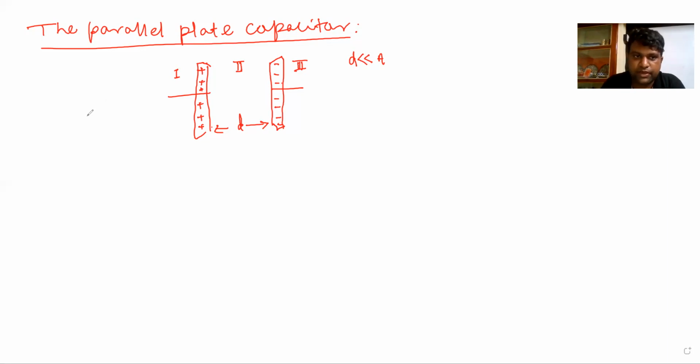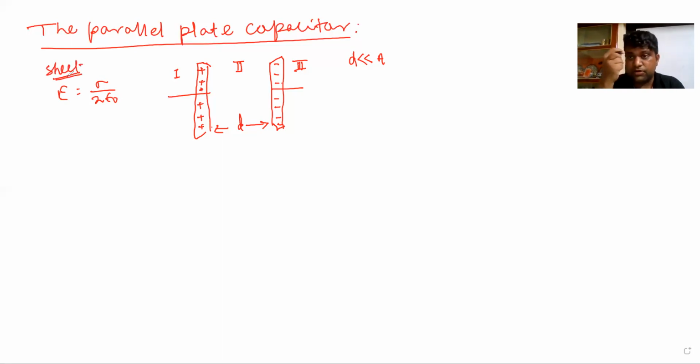We have already derived that E is equal to sigma by 2 epsilon naught. This is the electric field for a single, very large, thin charged plane sheet.